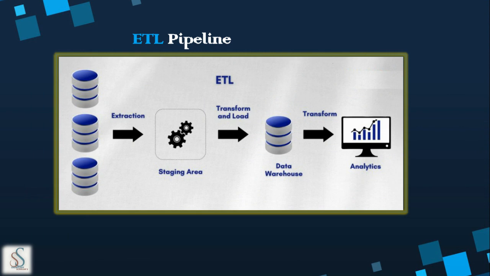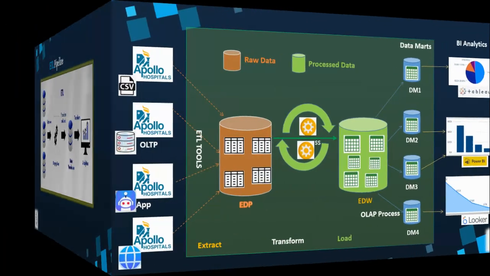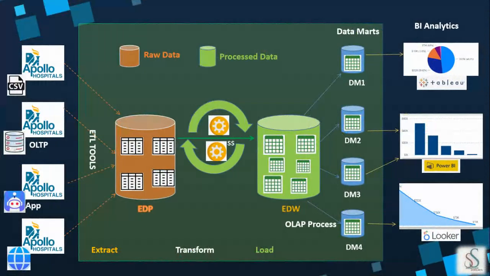This data warehouse now consists of processed data which is well structured and well organized, and that organized data will be used by the BI reporting developers to generate visualization charts and reports, and those reports will be used by the business owners to make the right decisions for their business. I hope you are clear on this ETL. In the next slide, we will discuss more about this ETL process.